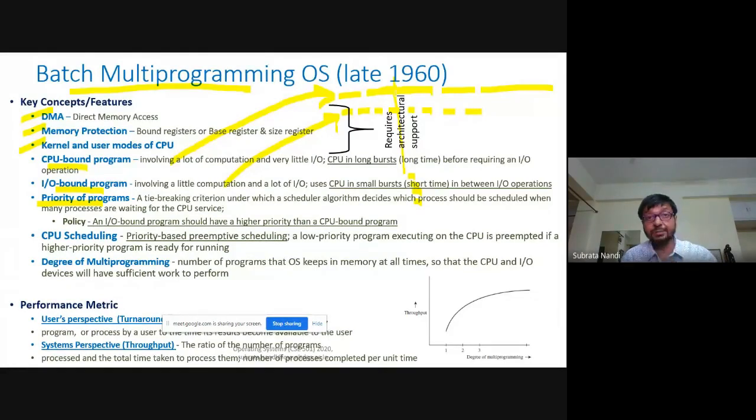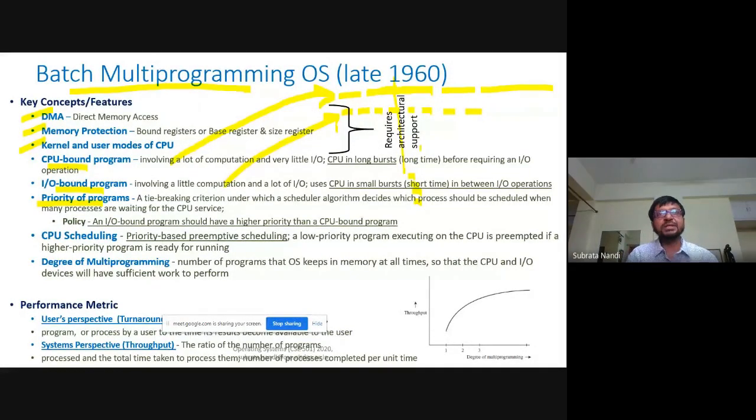We talk about this term. So it will forcefully take out that process, and it will allow one of these IO bound processes to get the CPU. Why? Because it knows that once it uses the CPU, it will use it for a very small amount of time and release it. Once it releases it, that process will go on and keep the IO busy, and then maybe some other process gets the CPU like this.